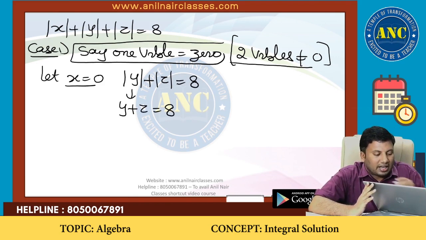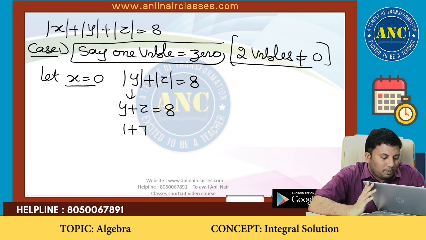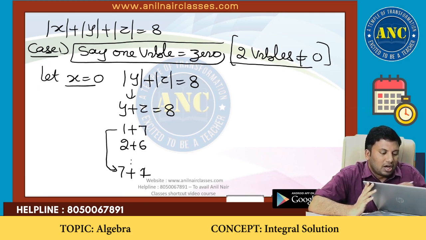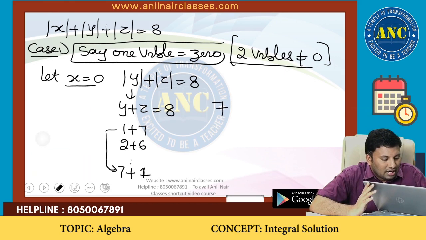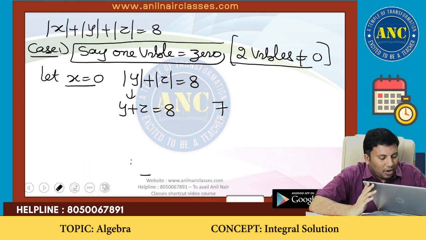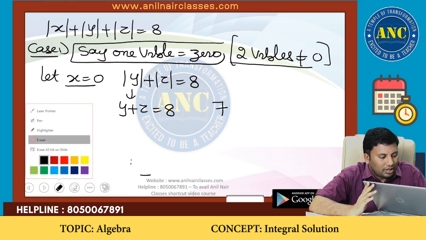Y and Z cannot take 0, so 1 plus 7, 2 plus 6 and so on up to 7 plus 1. 1 to 7, how many values can it take? 7. Or you don't need to do all this. I discussed the positive integral solution, you can use that.